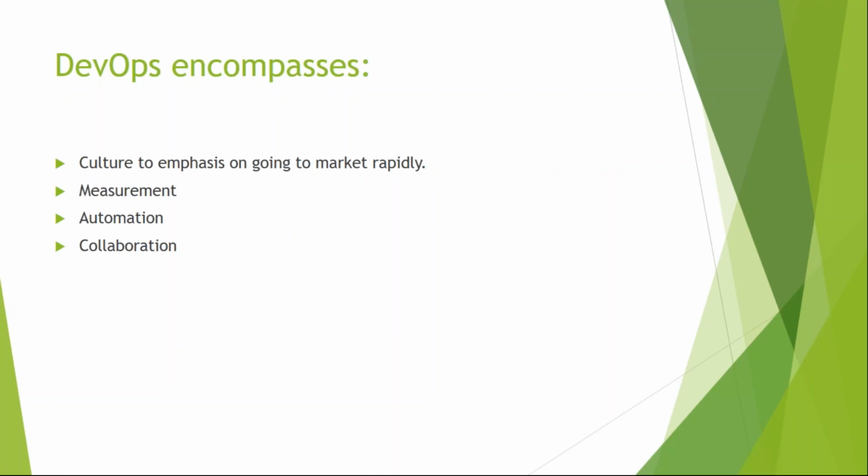Okay, so DevOps encompasses these four features. First one is culture. Culture to emphasize on going to market rapidly. That means as soon as your code is developed and is ready to use, send it to the market. Send it for validation.